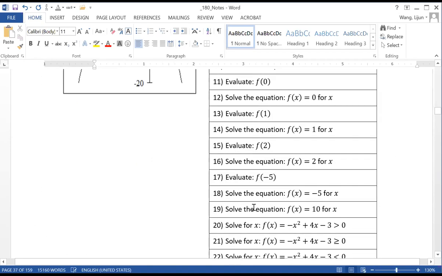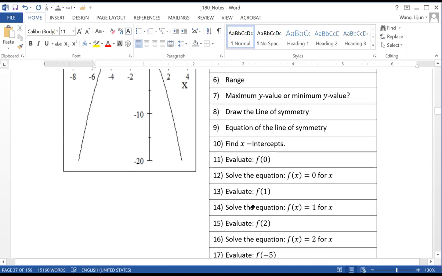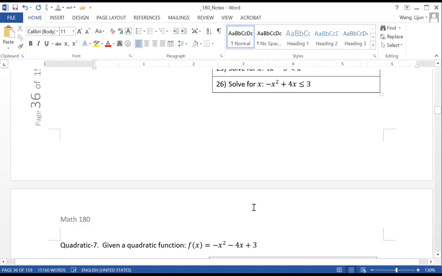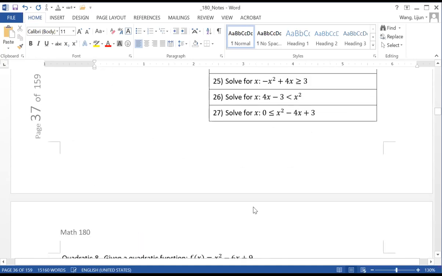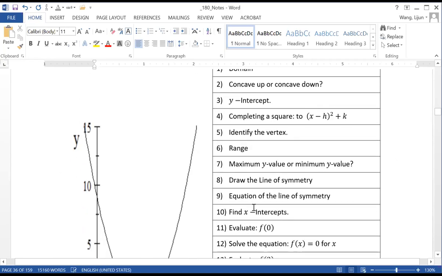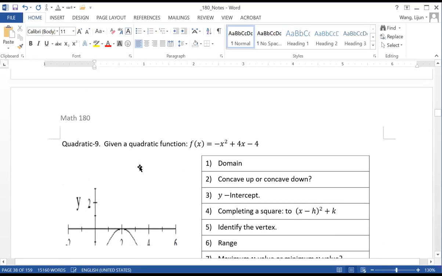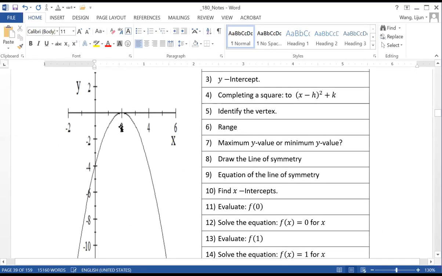From quadratic 4 to quadratic 7, these examples are parabolas that open up or open down, but touch the x-axis twice. And from quadratic 8, the quadratic opens up, but touches the x-axis once. And number 9, it's touching once.